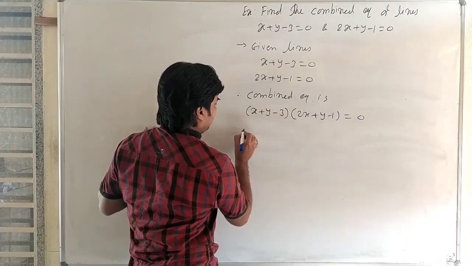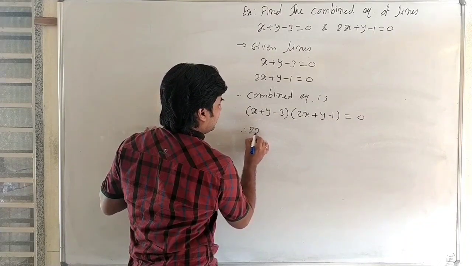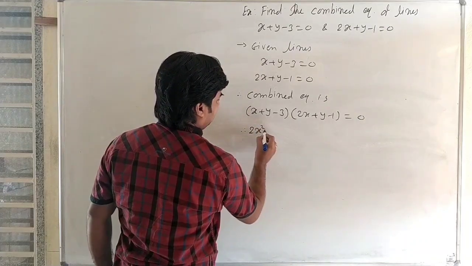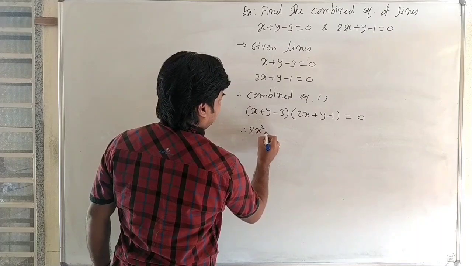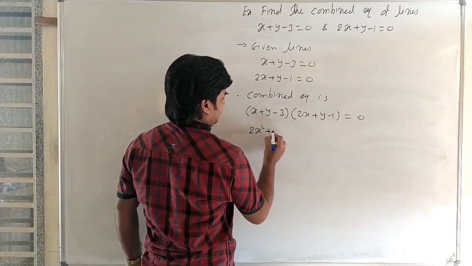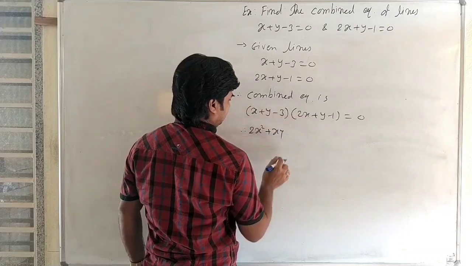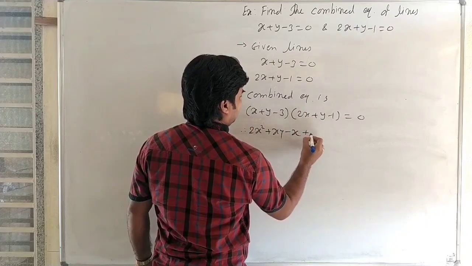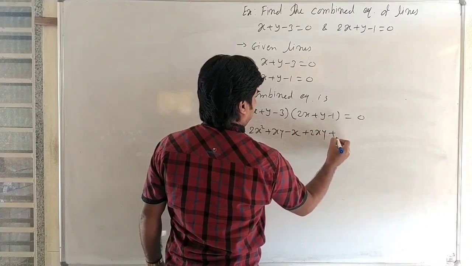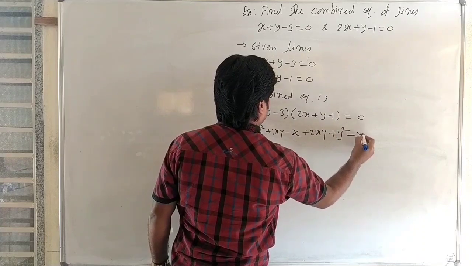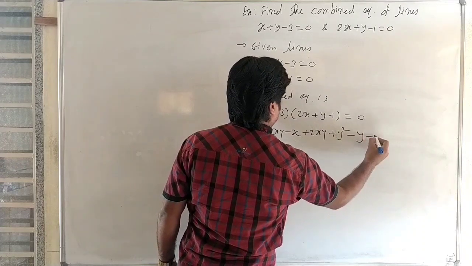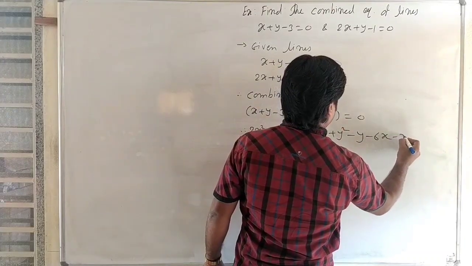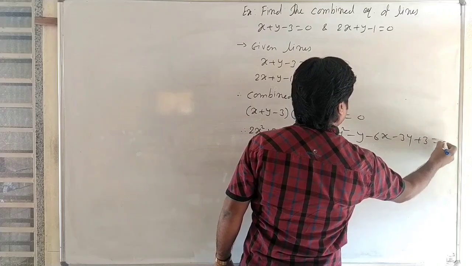Then take the multiplication. It is 2x square plus xy minus x plus 2xy plus y square minus y and minus 6x minus 3y plus 3 is equal to 0.